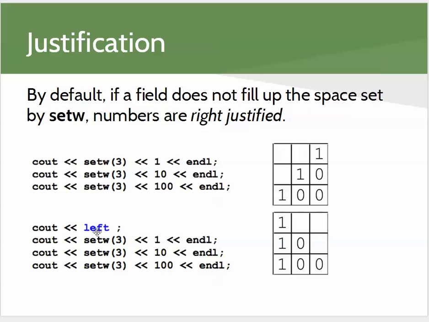If I want to change that, I can do cout left, and this is another stream modifier. And I can embed left in here as well. It doesn't have to be on its own separate line. Left is like set precision and fixed in that it's permanent. Until you set it back to right, it is going to affect every subsequent field that gets printed out. So when I say left justified, now when I do set width 1, it'll appear on the left-hand side.